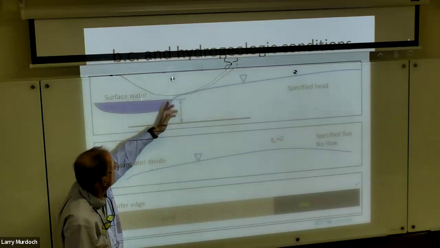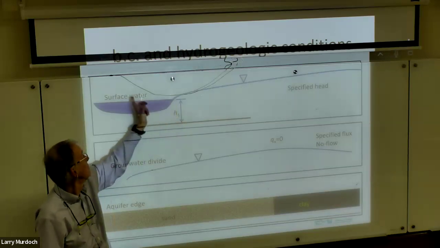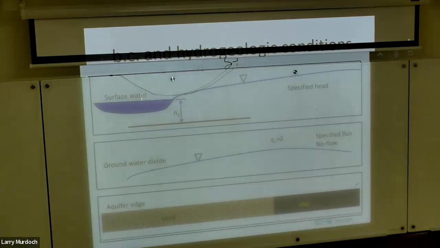And so we assume that the hydraulic head right here in the aquifer is equal to that of the surface water. And so one way to analyze this is to basically chop off the model domain and say that at that point, we're going to specify the hydraulic head, and that's a boundary condition. So surface water is represented in many cases as a specified head boundary.